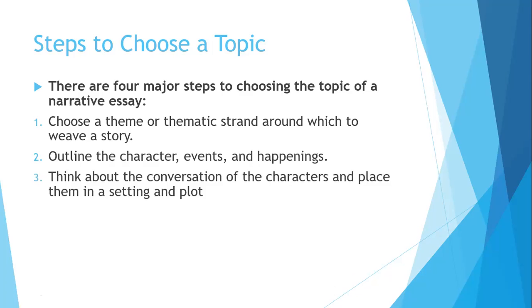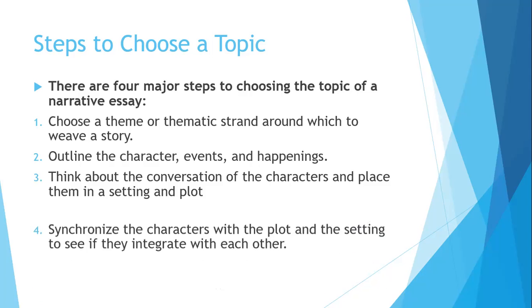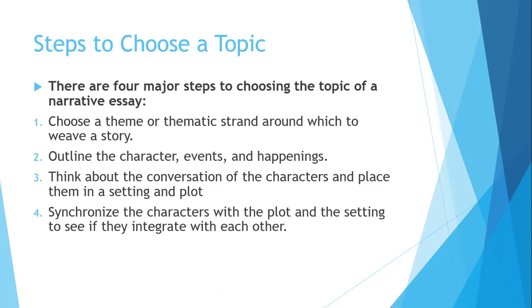Then I think about the conversation of the characters and I place them in a setting and plot. So what are these characters saying in this story, which also will help show and confirm this theme. And the fourth major step while choosing the topic is to synchronize the characters with the plot and the setting to see if they integrate with each other.